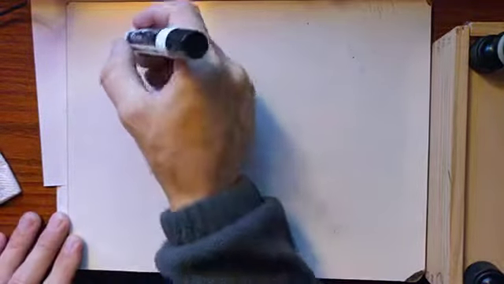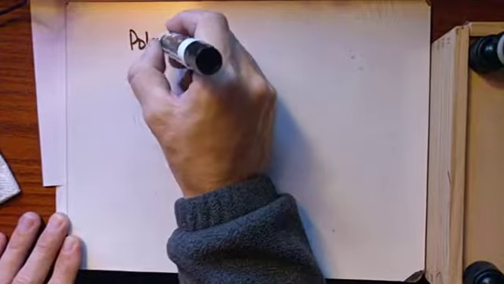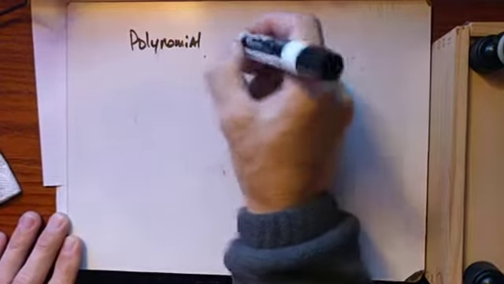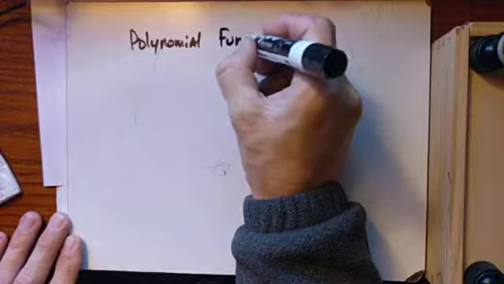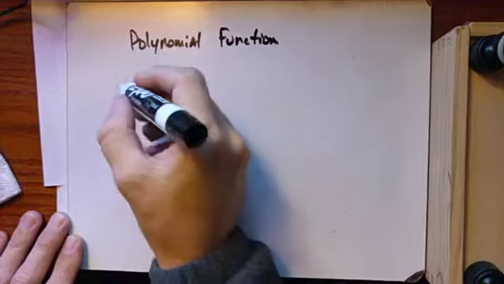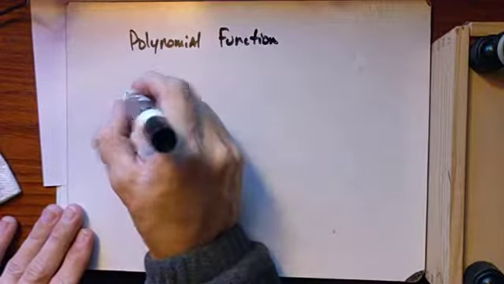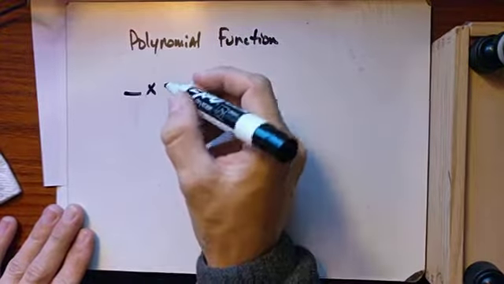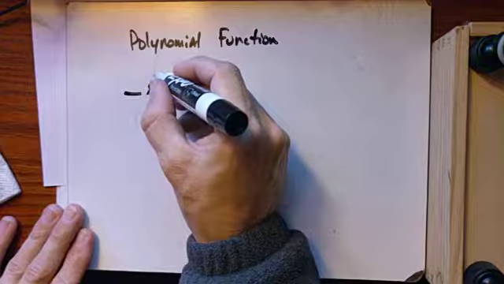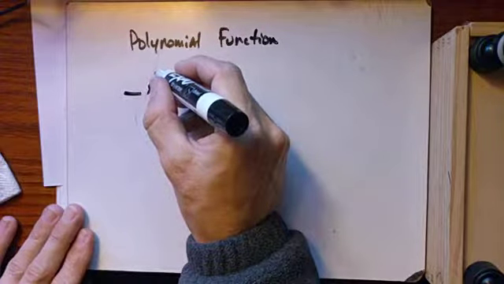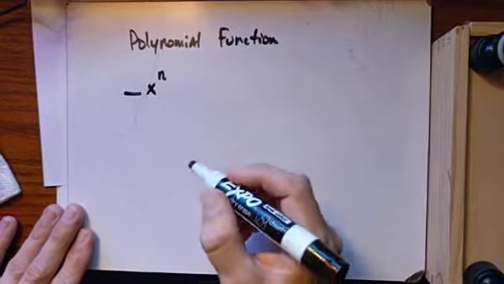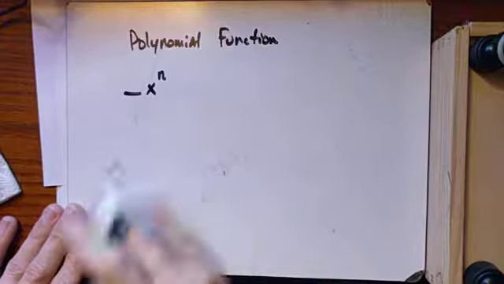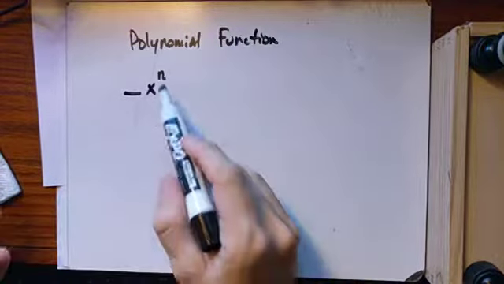Okay, so a polynomial function is what's going on in section 2.2. So a polynomial function, okay, you have these numbers in front of x, and then you have these other numbers up here, and I'll call this n because I don't know what it is, right? It's some number. So what has to be true about n?